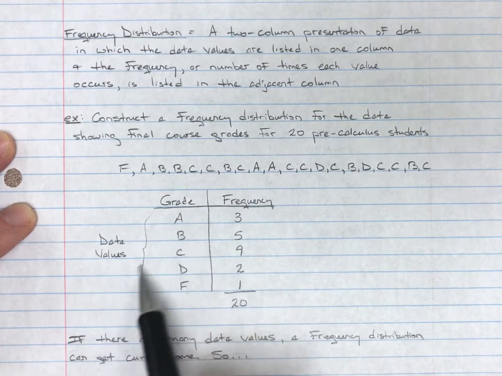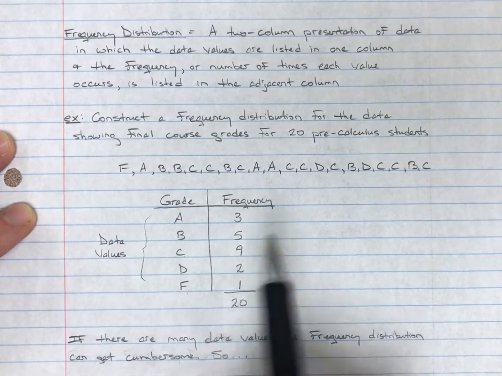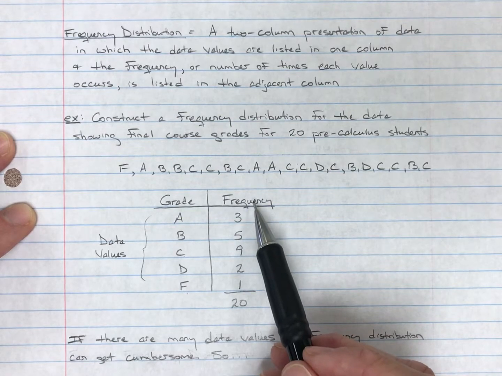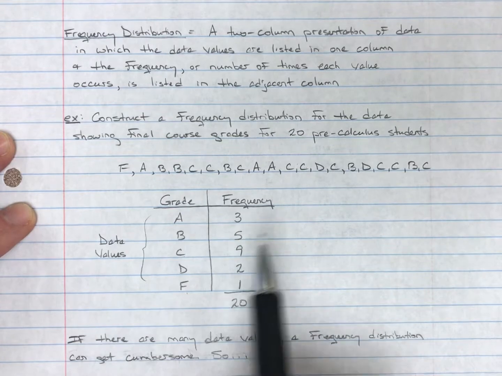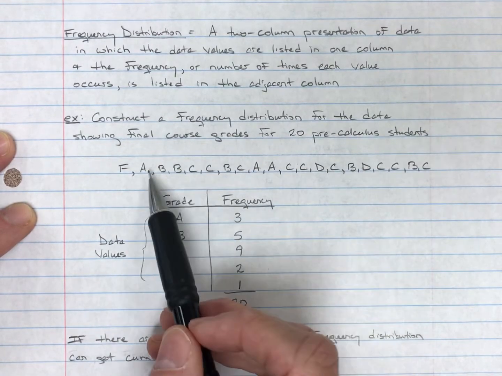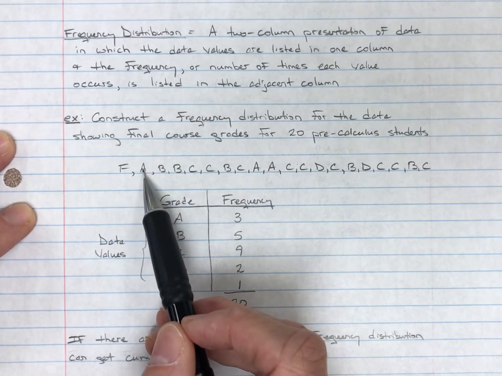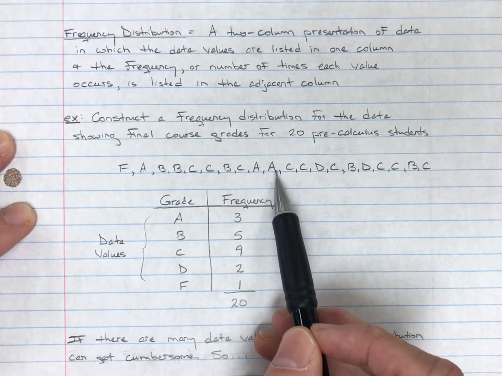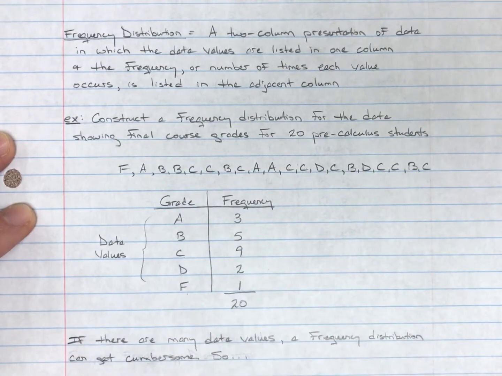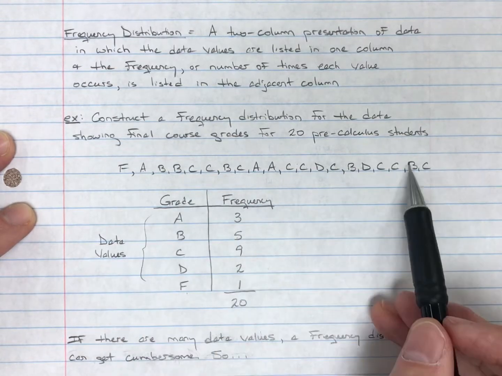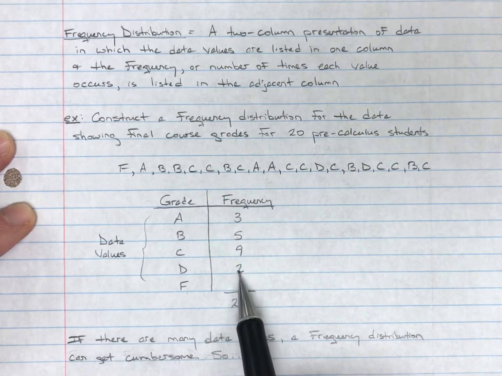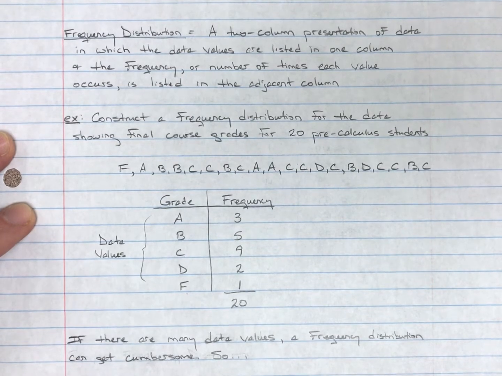And the adjacent column, or the second column, is how often each of these data values occurs. So if we look here, the letter A, we have 1, 2, 3, and there are only 3 A's, so the frequency is 3. There are 5 B's out of these 20, 9 C's, 2 D's, and 1 F.